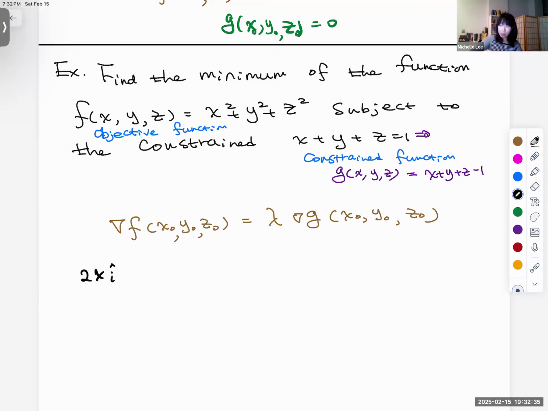Partial derivative with respect to y is 2y, j. Partial derivative with respect to z is 2z, k, right? Good.